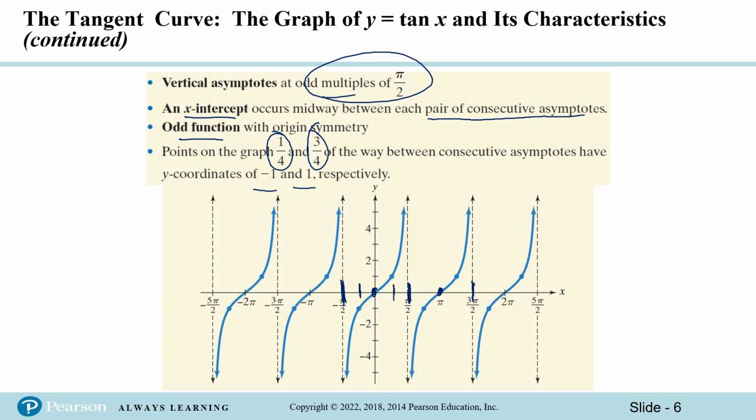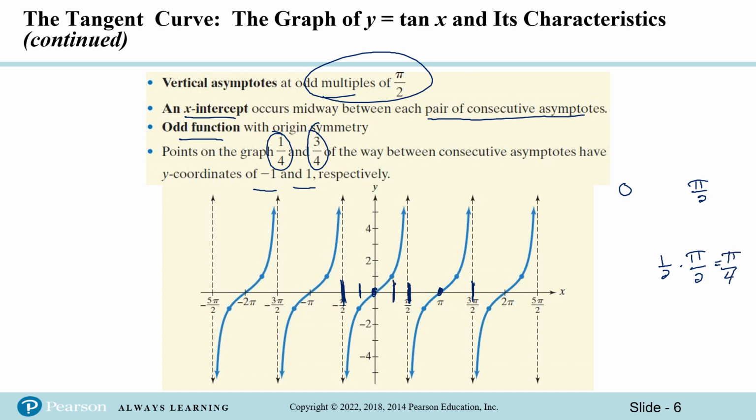So if we have an x of 0 and an x of pi over 2, halfway between is pi over 4.